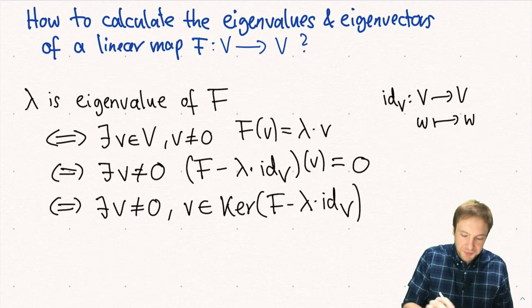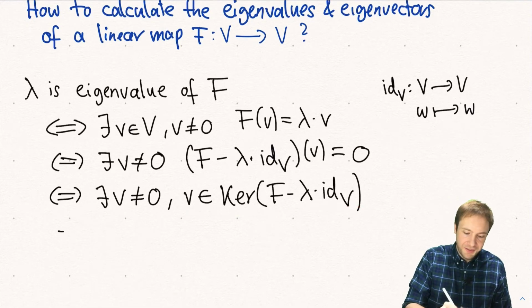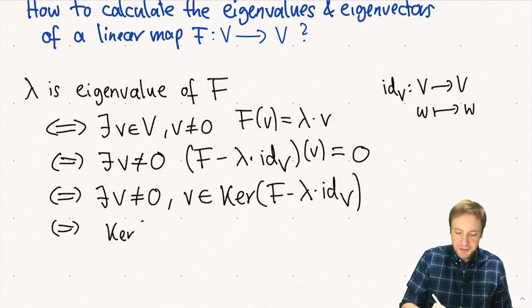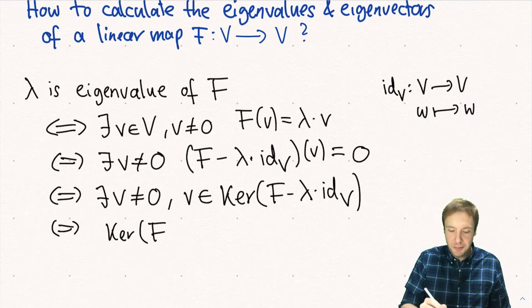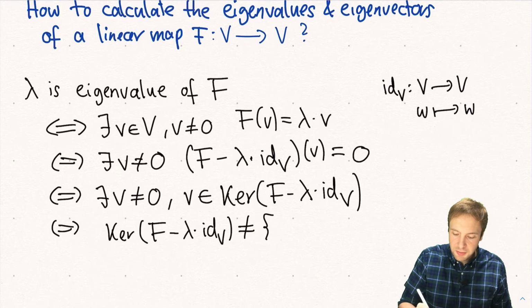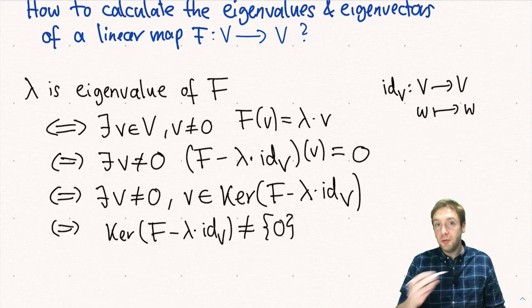But this means, if there's a non-zero element in the kernel, that the kernel is more than just the 0 element. So this means the kernel is not just the 0 vector. I mean, 0 is always in the kernel.